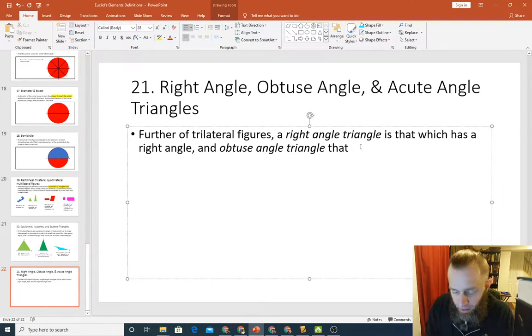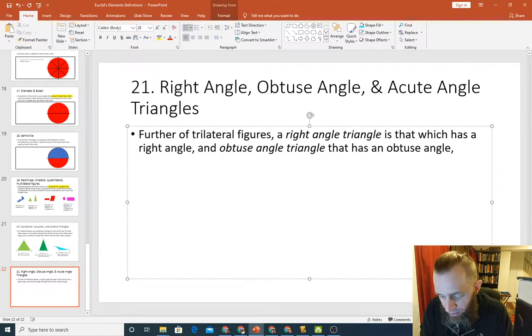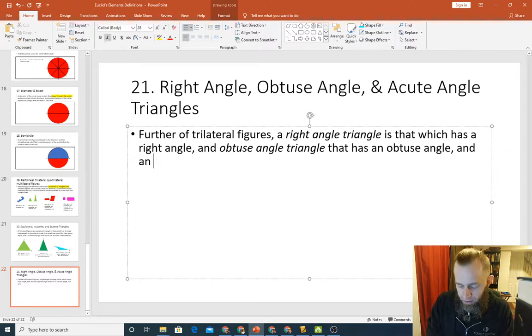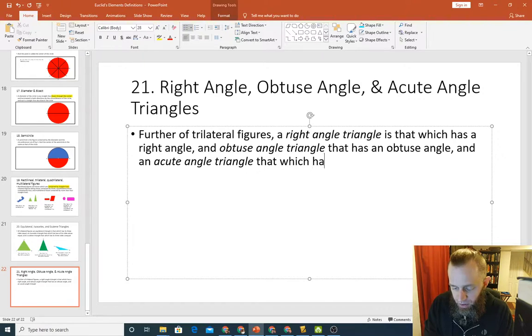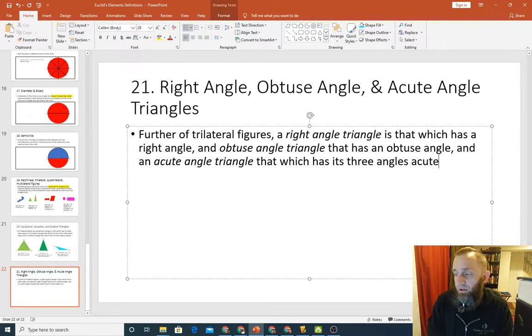An obtuse angle triangle, that which has an obtuse angle, and an acute angle triangle, that which has its three angles acute. So all three of the angles have to be acute in an acute angle triangle.